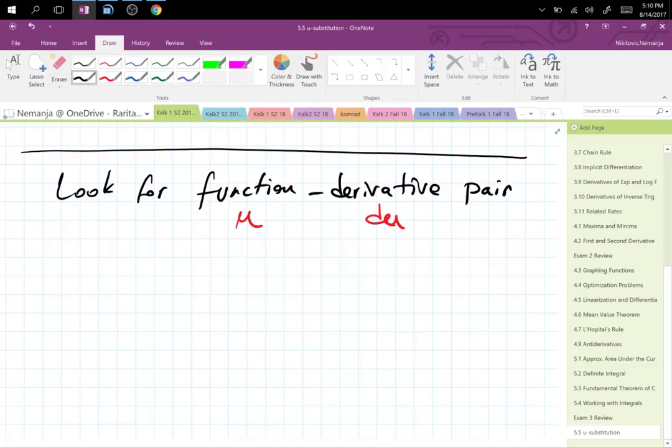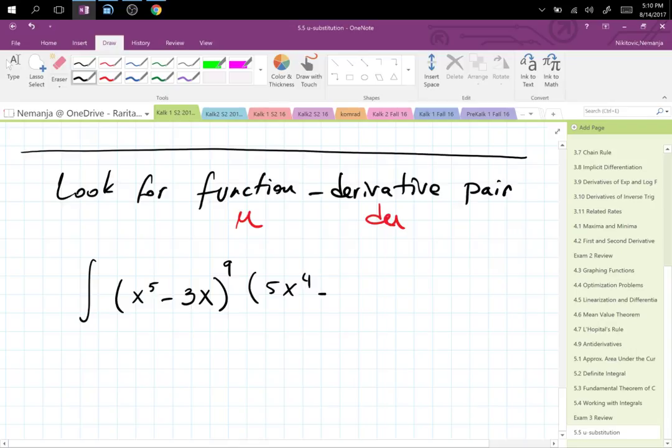So now you have the integral of (x to the 5 minus 3x) to the 9th power times (5x to the 4 minus 3) dx.